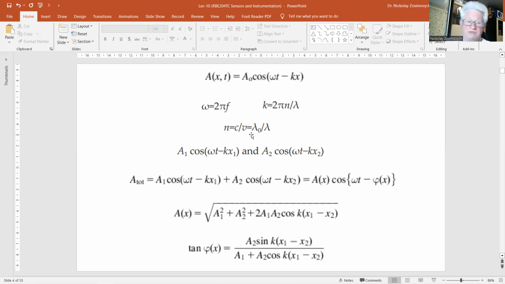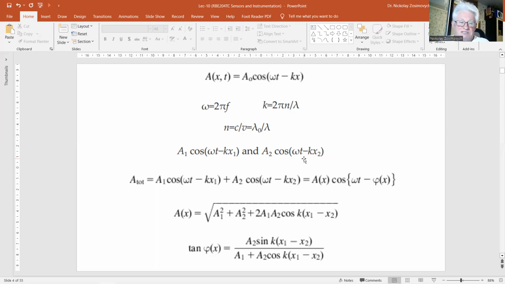When two waves with equal frequency or wavelength travel distances x1 and x2 respectively, their waveforms are described as A1 cosine of (omega t minus k x1) and A2 times cosine of (omega t minus k x2). Both waves fall simultaneously on the same sensor.